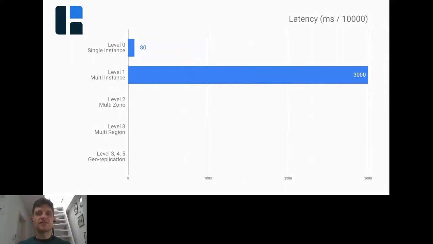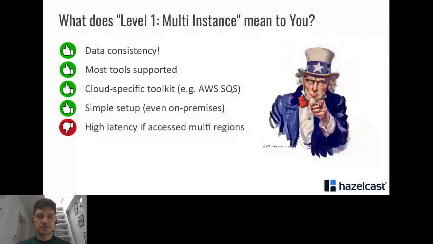So what does it mean? Like level 1, what does it mean for you? You can still have data consistency in your database, which is super good. Most tools are supported. You can use some cloud-specific tools like AWS SQS. Actually, most cloud toolkits support high availability across multiple instances.